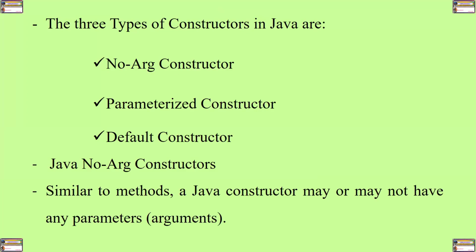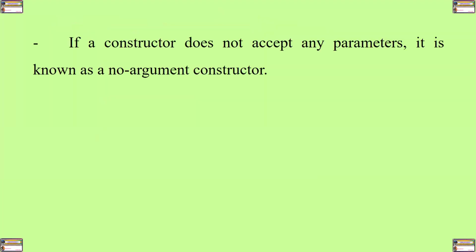Similar to methods, a Java constructor may or may not have any parameters or arguments. If a constructor does not accept any parameters, it is known as a no-argument constructor.